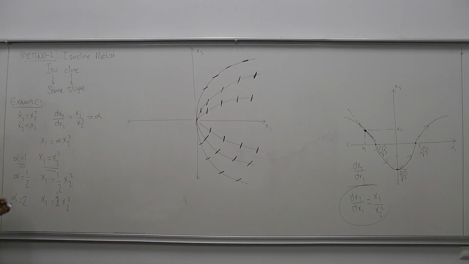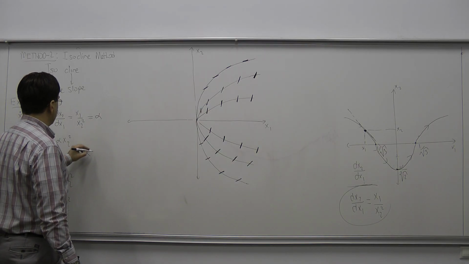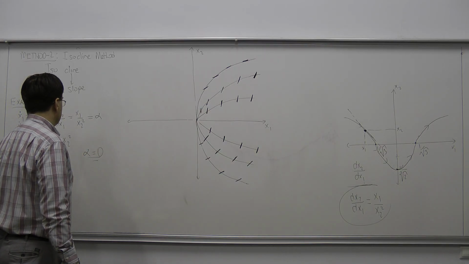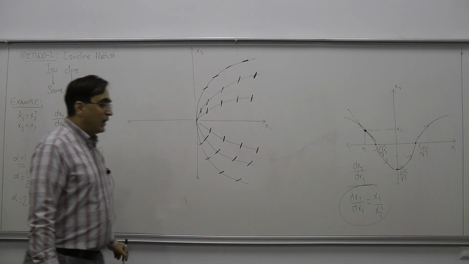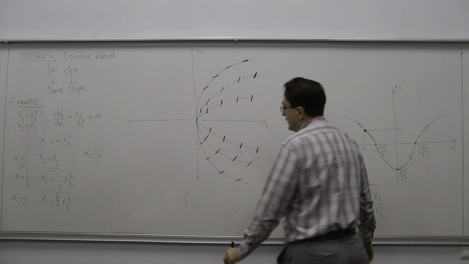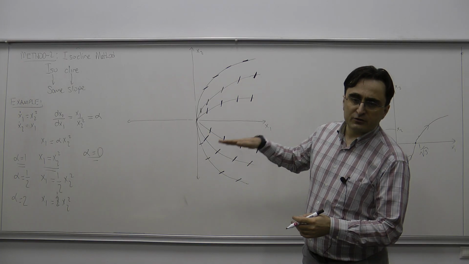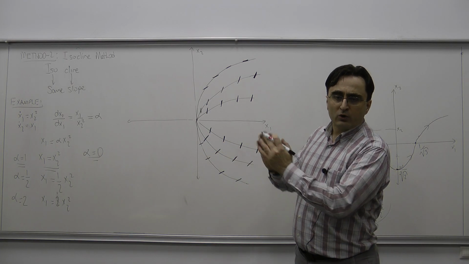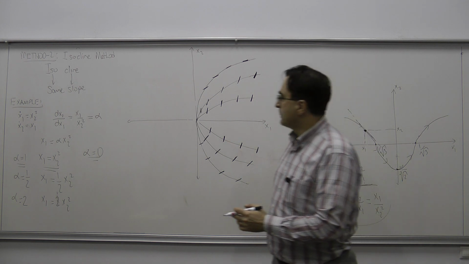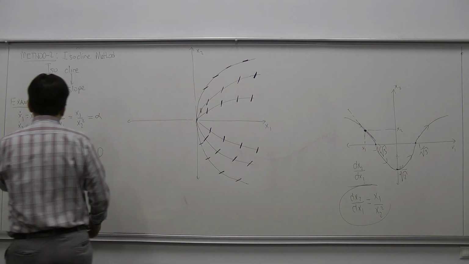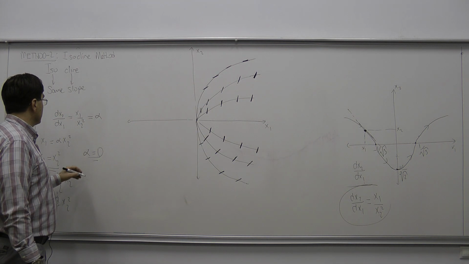So let me take alpha equals 0. If alpha equals 0, then the slope of the trajectories is 0, which means that the trajectories should be locally horizontal. So what does this equation tell me when alpha is equal to 0?